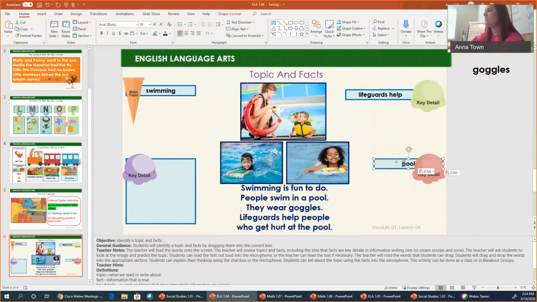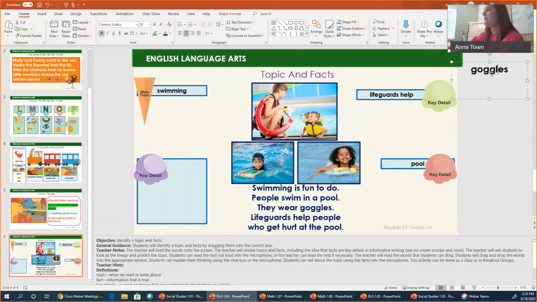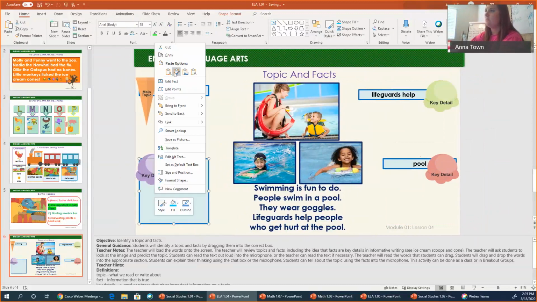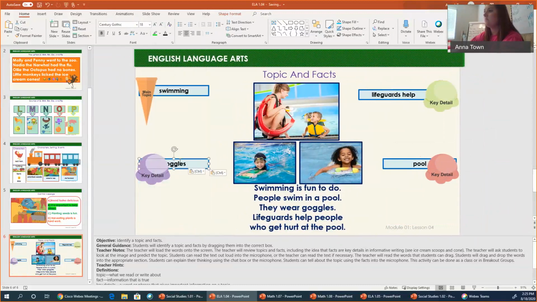And lastly, they talked about some people wear goggles. So in our tree map, we would have swimming up top, and then our three sections would be goggles, pool, lifeguards help, and we would expand on that.